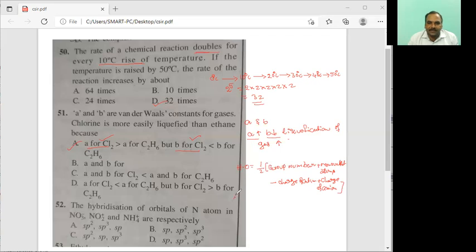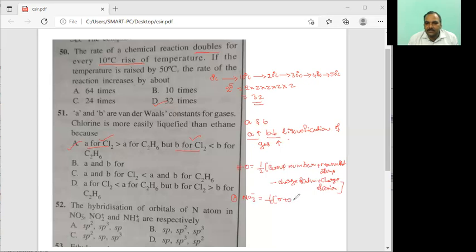To take the first one, NO3 minus: 1/2. Nitrogen belongs to fifth group. There is no monovalent atom. Oxygen is divalent. And there is no cation.